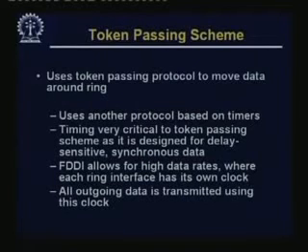Now, we come to the token passing scheme. It uses a token passing protocol to move data around the ring, and uses another protocol based on timers. We will look at this protocol later on. Timing is very critical to the token passing scheme as it is designed for delay sensitive synchronous data. As I mentioned earlier, the FDDI ring carries a mixture of data.